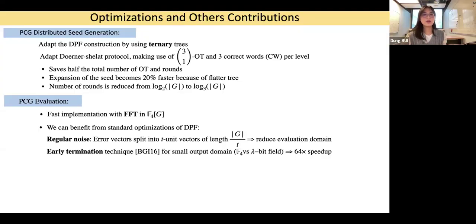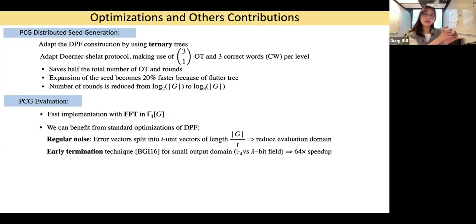For example, we also have a version for regular noise, which means that the error vector can be split into a regular form, with T unit vectors, and then it can reduce the evaluation.